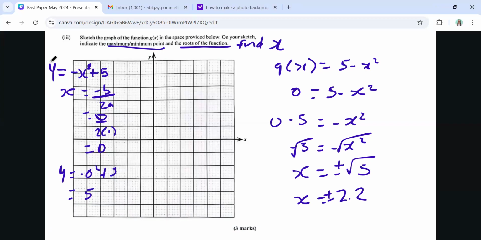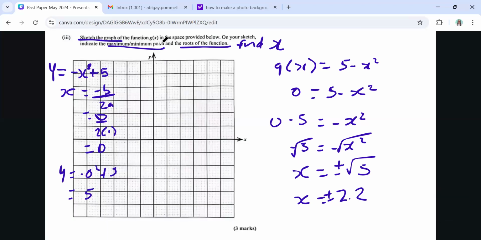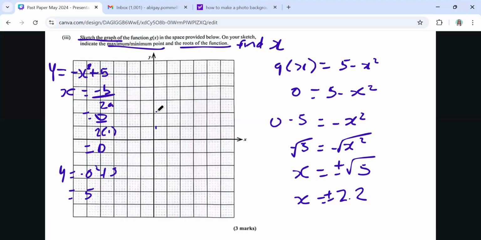y equals the maximum point. So I am going to jot down and make a sketch where 5 is my intersection or maximum and midpoint, and x is 2.2. All right. So I am going to put 1, 2, 3, 4, 5. So 5 would be right there.